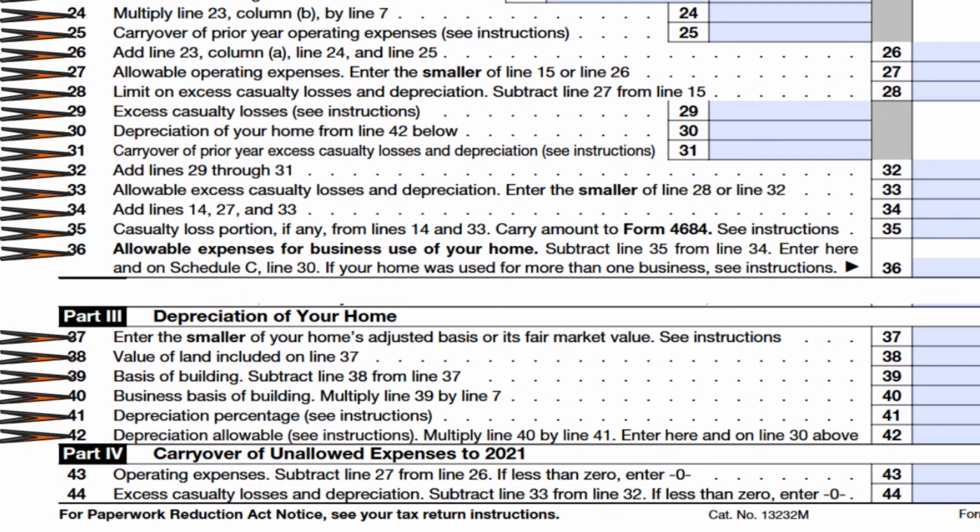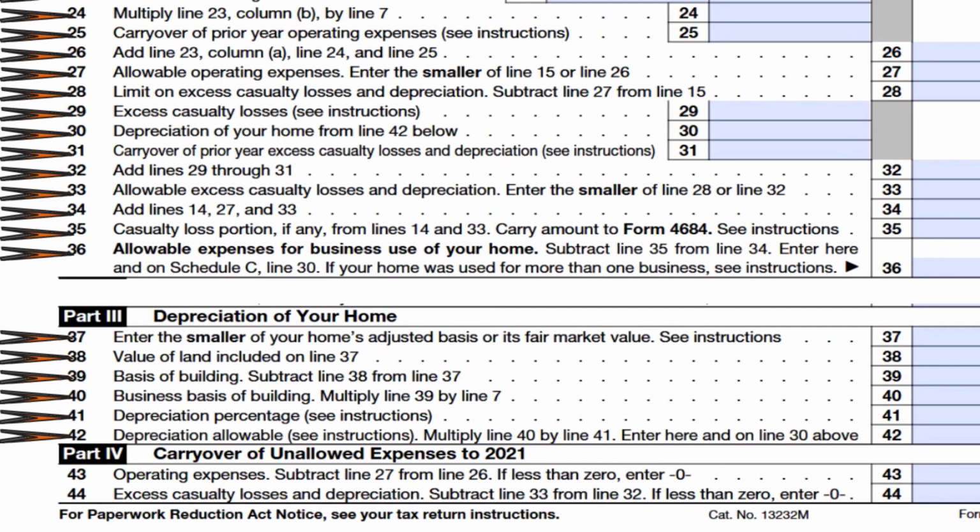If you haven't made any addition or improvement to your home since you began working from home, you want to multiply the percentage on line 41 by line 40. If you made additions or improvements, you want to go to the IRS website to find more information about the monetary value of those additions.